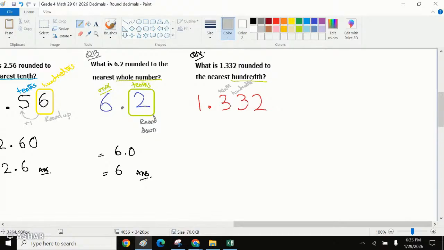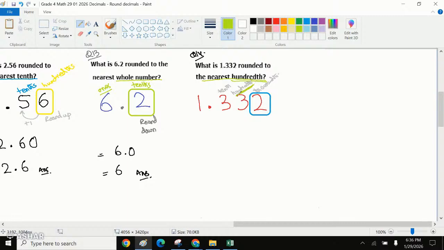So in order to round it off to that hundredth, we need to consider the thousandth position. And what is at the thousandth position? There is 2 at the thousandth position. The 2 will not round up because what we need to retain is the nearest hundredth, right?